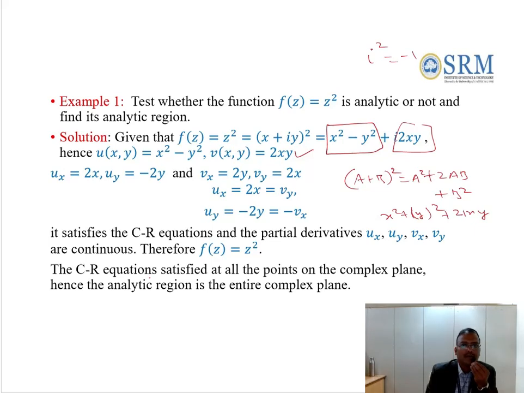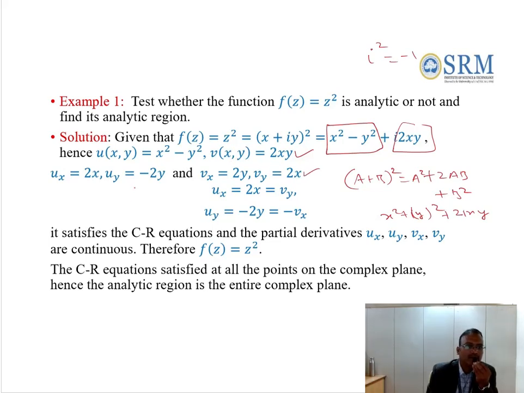Now compute all four partial derivatives: ux, uy, vx, vy. What is ux? u equal to x square minus y square, so differentiating partially with respect to x gives 2x. Then uy, differentiating with respect to y, gives minus 2y. And v is 2xy, so vx, the partial derivative of v with respect to x, gives 2y, and the partial derivative of v with respect to y gives 2x.